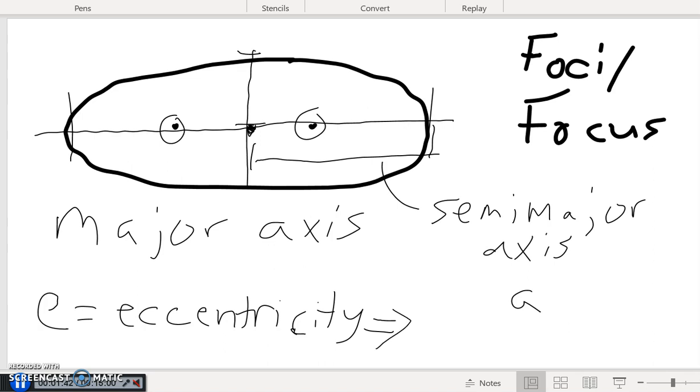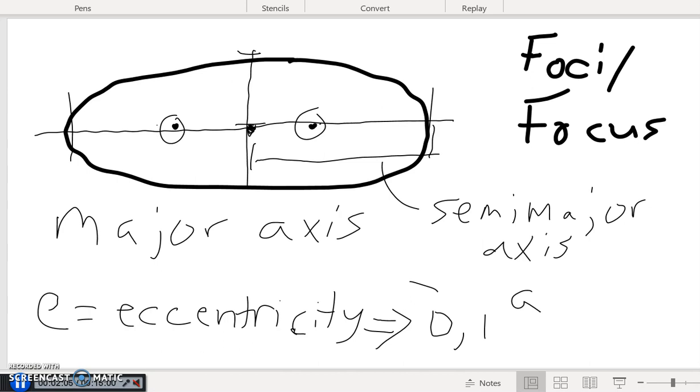Eccentricities run from values of 0 to 1. A perfect circle has an eccentricity of 0, and that means the foci lie right on top of one another at the center of the ellipse.